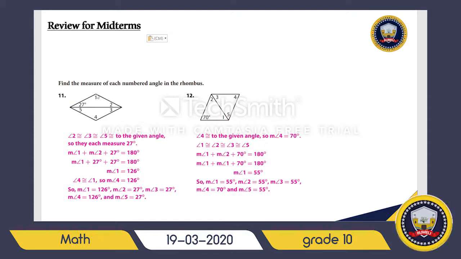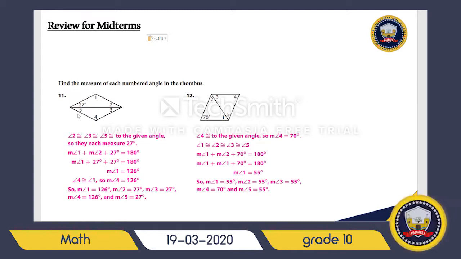Okay, for 1 and 4, we can say that in this triangle here, the total of the angles is 180. So this angle is 180 minus 27 minus 27, which is 126. The same thing for the angle 4.